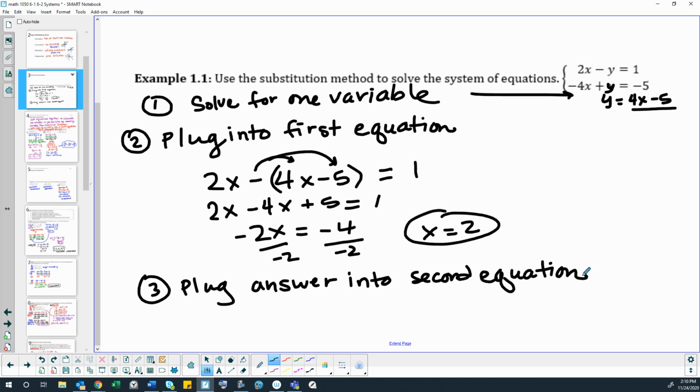You get to make those decisions depending on what you think looks easiest. So since I solved for the second one, that's why I then plugged it into the first one, and now I'm taking that answer and plugging it into the second one. I mean the first one, right? Did I just lose what I was saying? Yeah, I said that wrong. So now you're going to plug it into the second equation, the one that you solved.